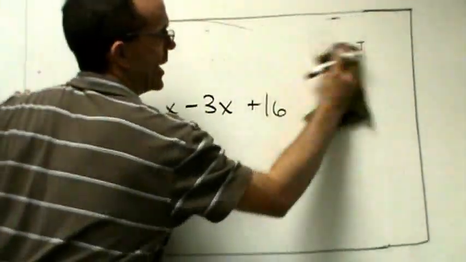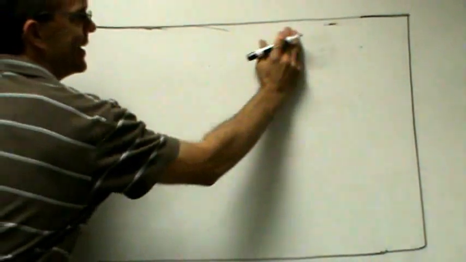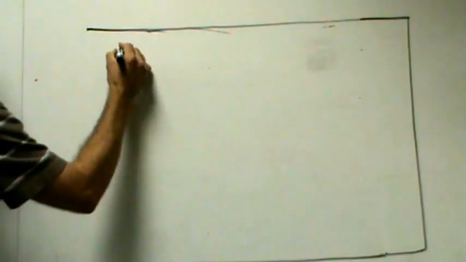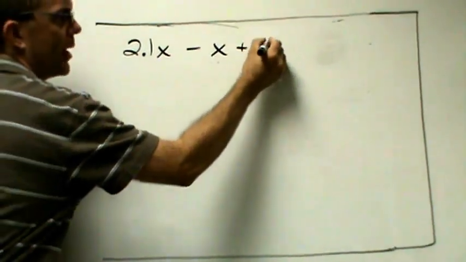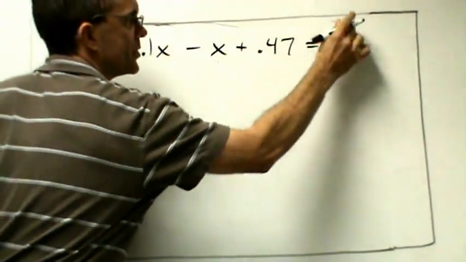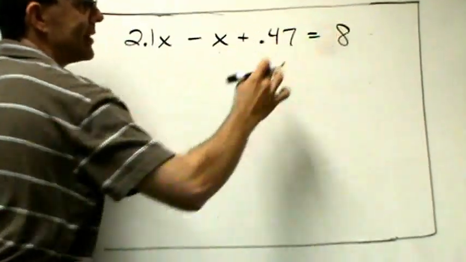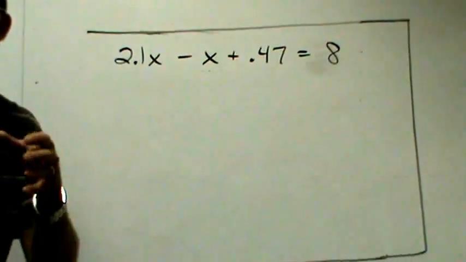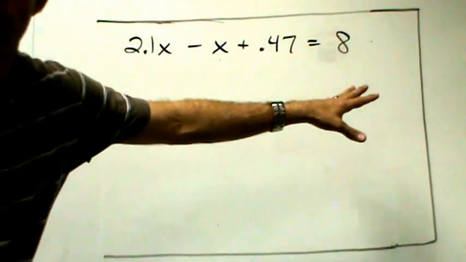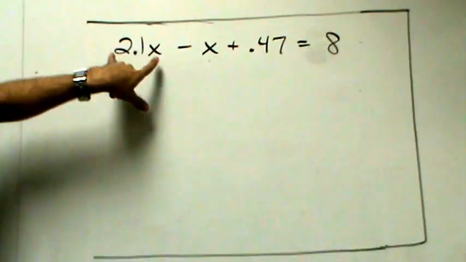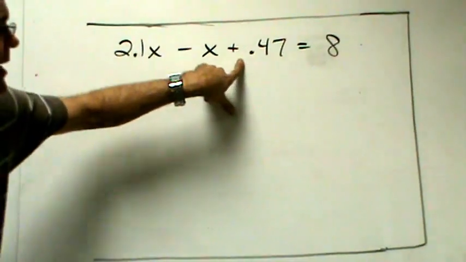Now a decimal example. And again, I'm just going to make some kind of crazy question up. If I have 2.1x minus x plus 0.47 equals 8. When I look at these, I ask myself, what is the most number of times I would have to move the decimal point to get rid of it? Here it's once. Here I don't see a decimal.